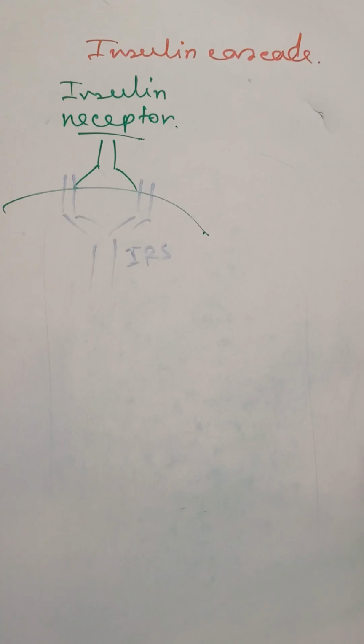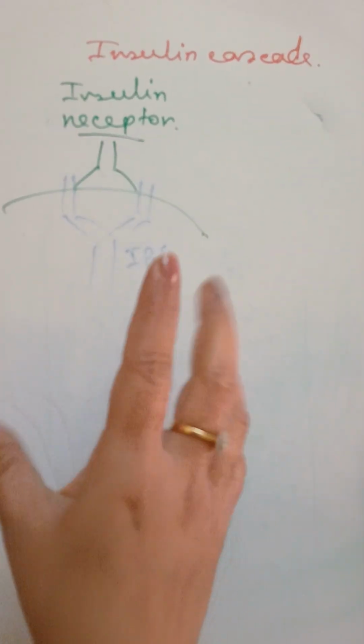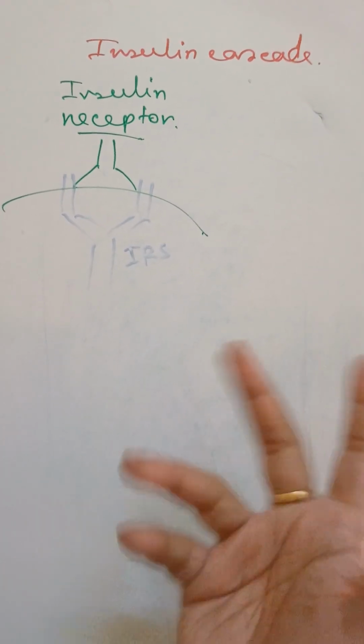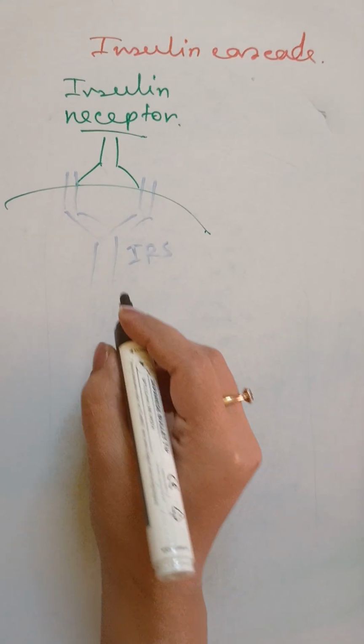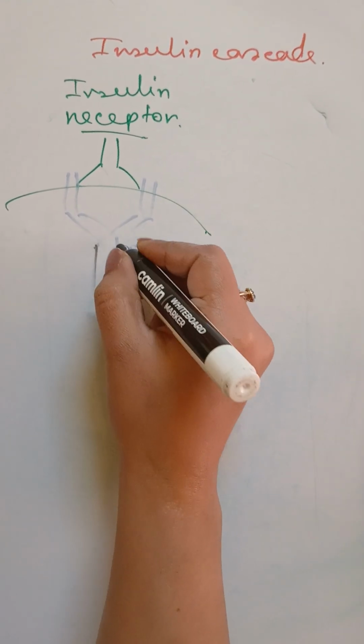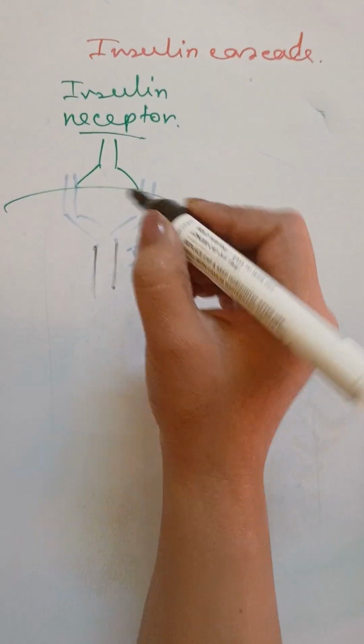In normal cases, in a non-diabetic situation, in a healthy human being, the insulin receptor has to bind with the IRS. The IRS has to be activated by this insulin receptor via phosphorylation.